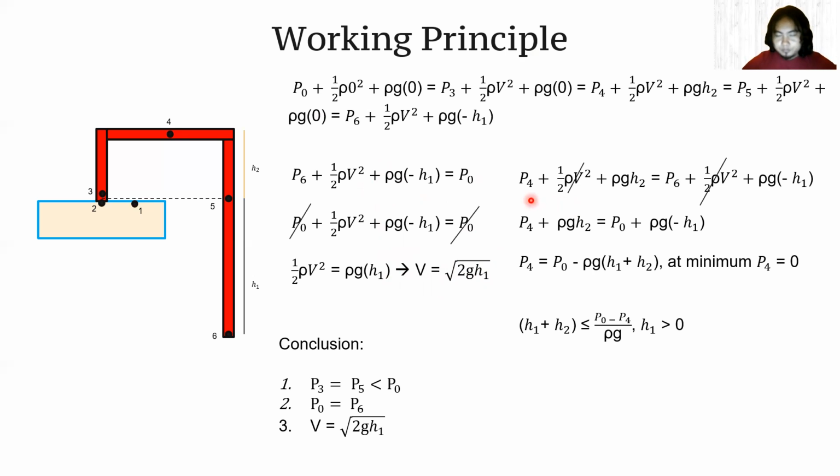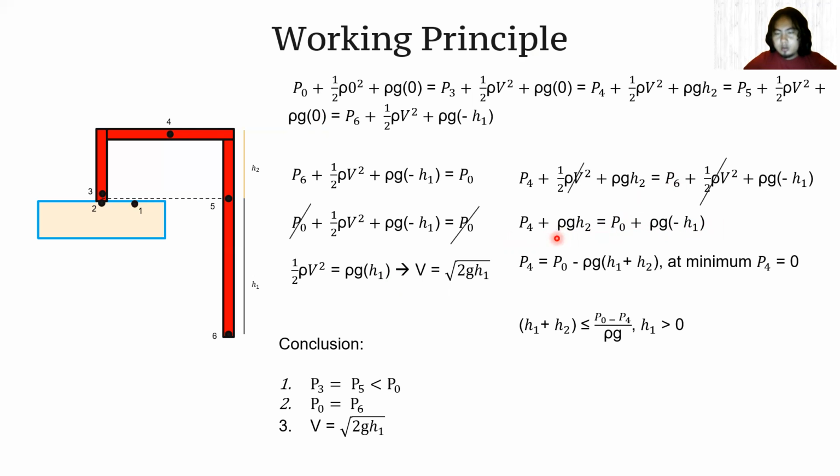And then taking this term, this term and this term, we can write it like this. Since V is the same here, we can just cancel it and simplify. P6 equal to P naught, that's why it becomes P naught here, and you will have this.